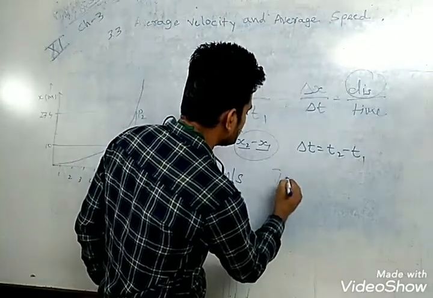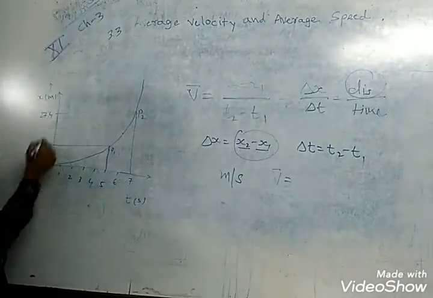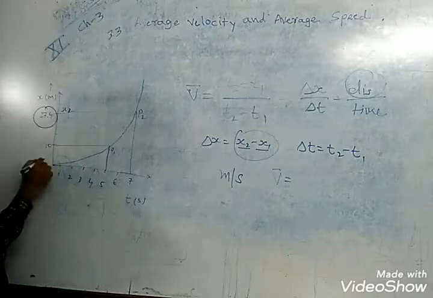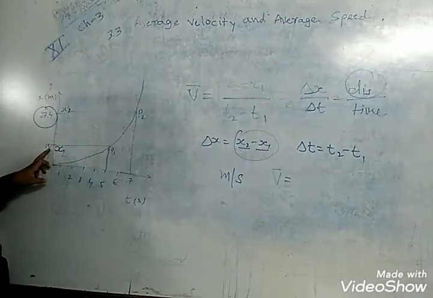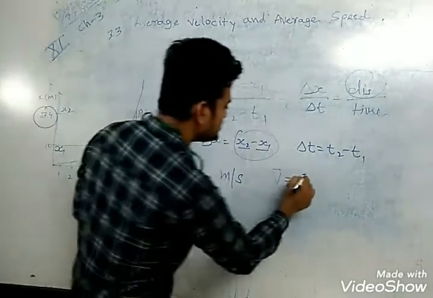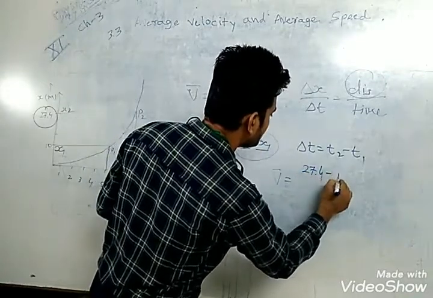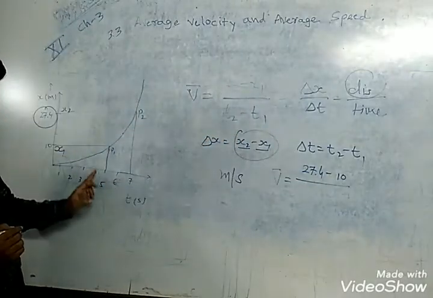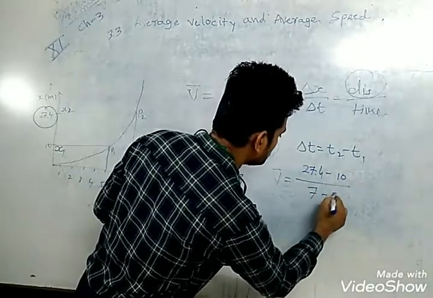So v bar is equal to x2 minus x1, where x2 is 27.4 and x1 is 10 meter, final position minus initial position, upon final time minus initial time, 7 minus 5.